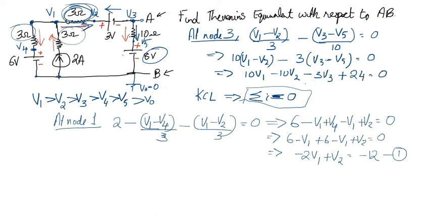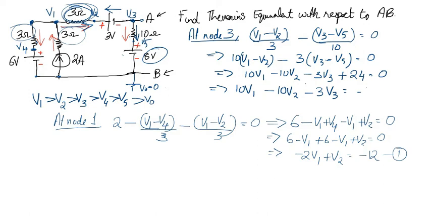When we take that to the right side, we will be getting 10V1 minus 10V2 minus 3V3 equal to minus 24. This will be my second equation.